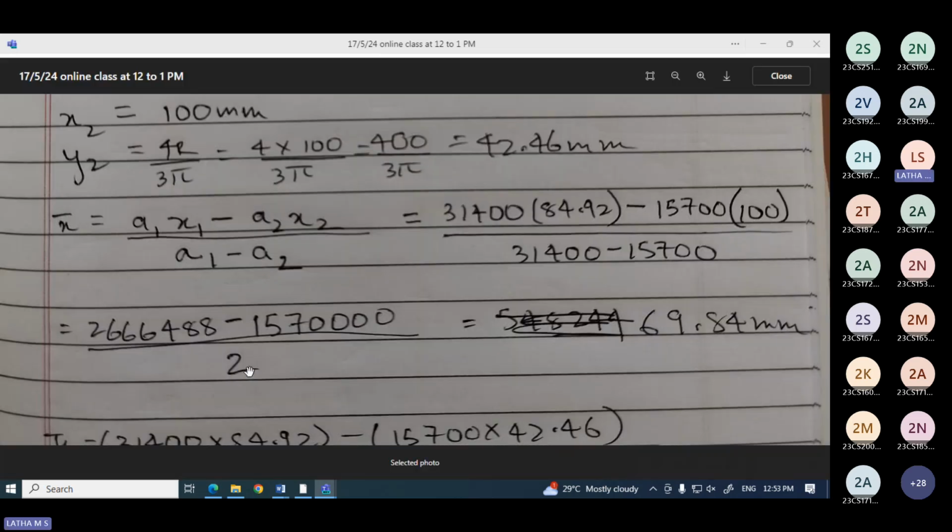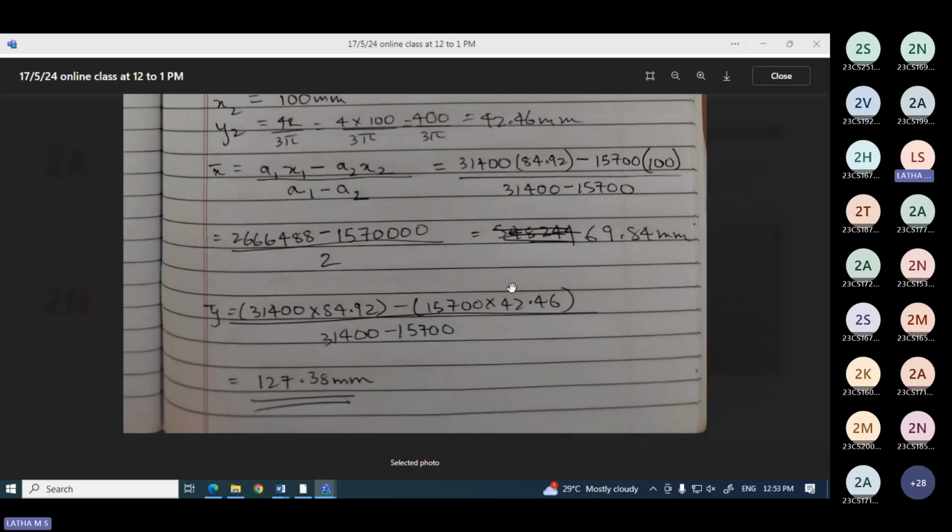What is this 2? 2 is a difference. 314000 minus 15700. Check. So you got this 548 and you strike off and put this answer.